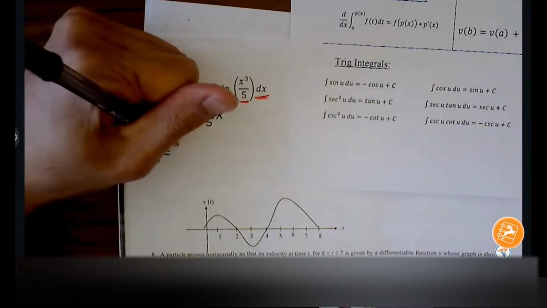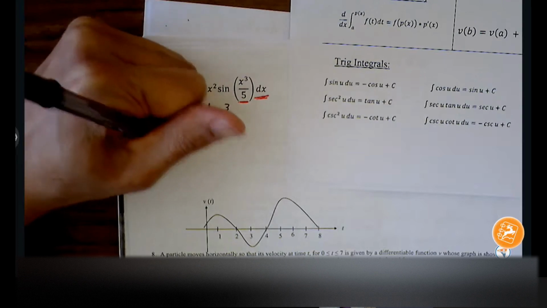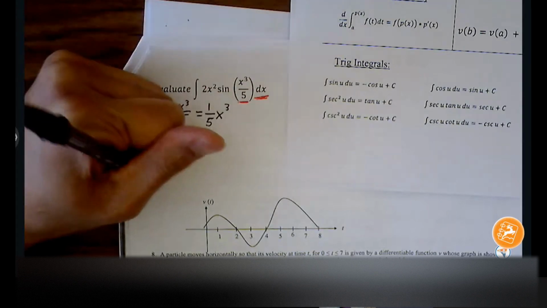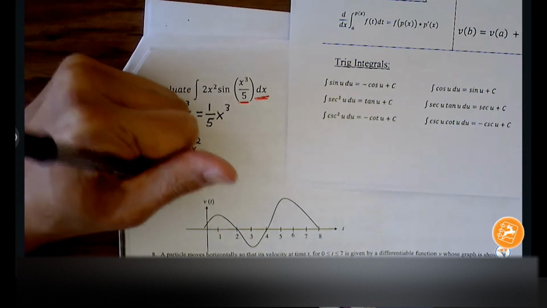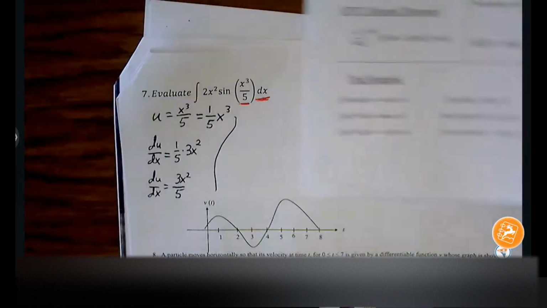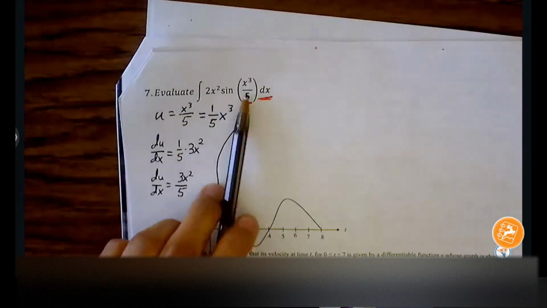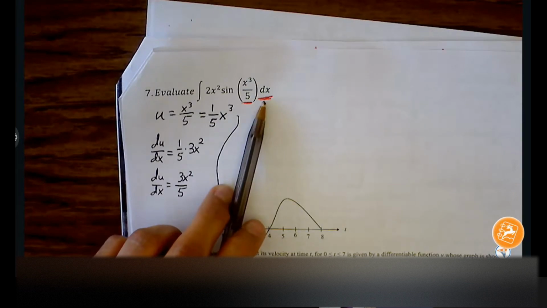3/5 x squared. Yeah, good. So bring the 3 down in front. So du dx equals 3x squared over 5. Okay, our next step is to solve for dx. We already have a replacement for the x cubed over 5, but now we need to seek a replacement for dx.